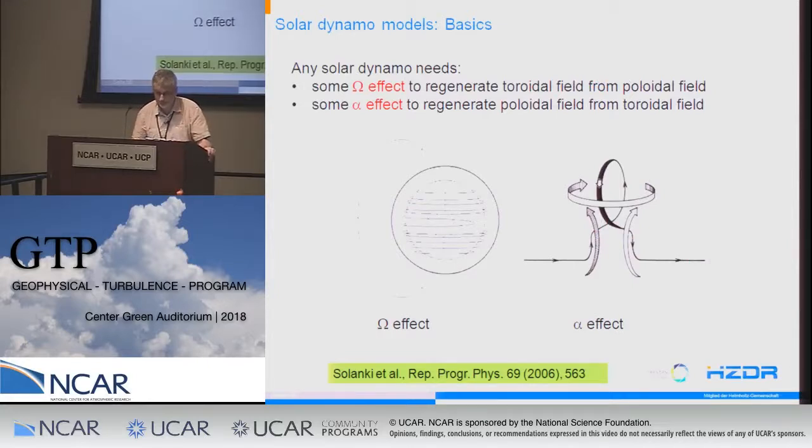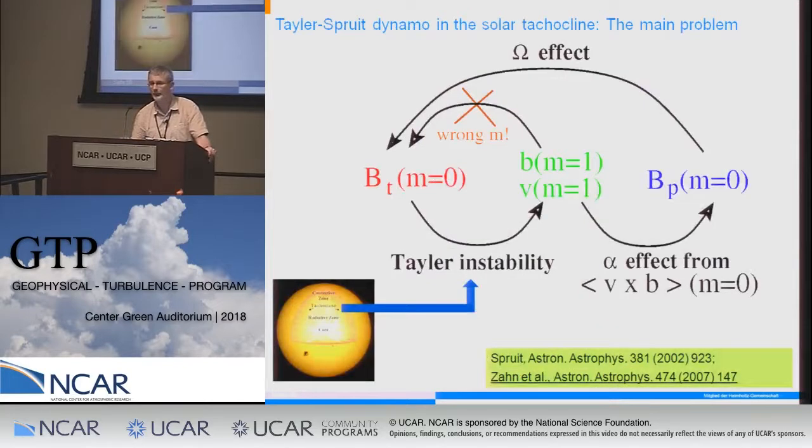Now, let's try to make a sort of theory about this. You know better than me that for a solar dynamo you need an omega effect, which is trivial, but you need also an alpha effect. And I would like to focus in the next minutes on the Tayler-Spruit dynamo concept. So the idea was you have your omega effect, this winds up a certain strong B phi, this B phi becomes unstable to m equal 1 Tayler instability, and by some mechanism this might close the loop.